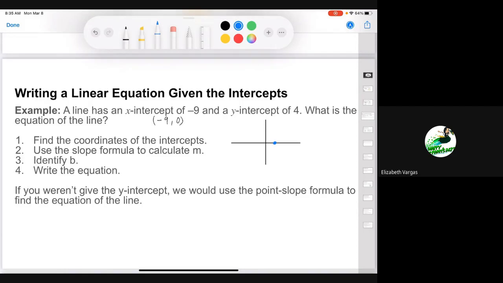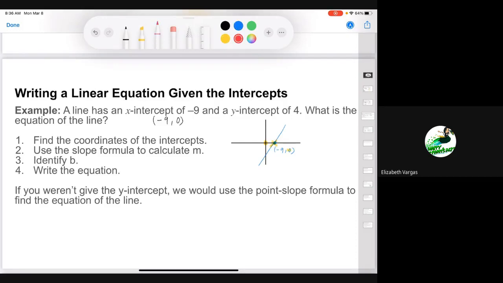And so my x-intercept always contains a y that is 0. So we would have -9, 0. Why is my y always 0? Well, because if it passes the x-axis right here, then that is when y would be 0. So whenever I have my x-intercept, my y is always going to be 0.